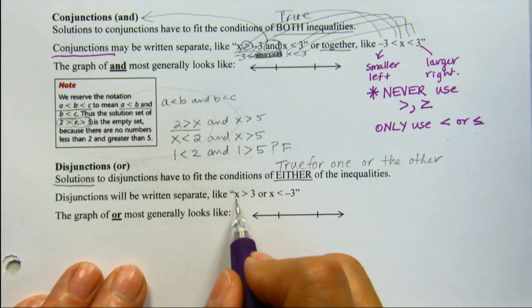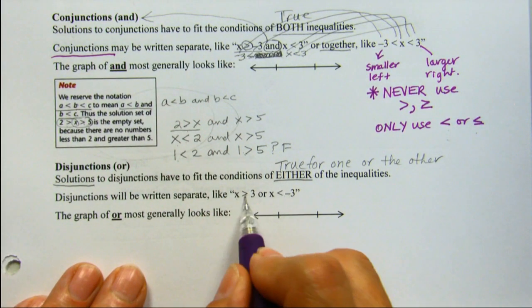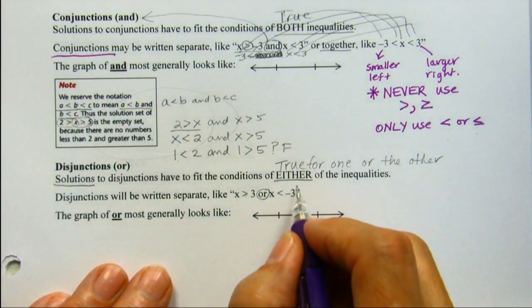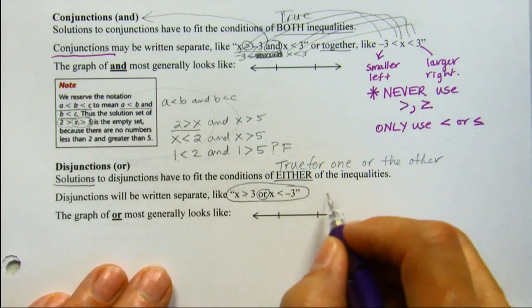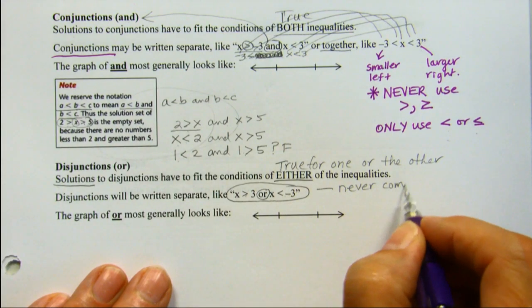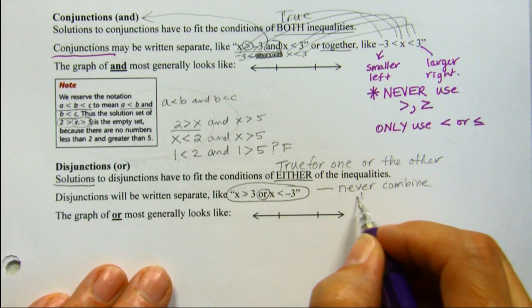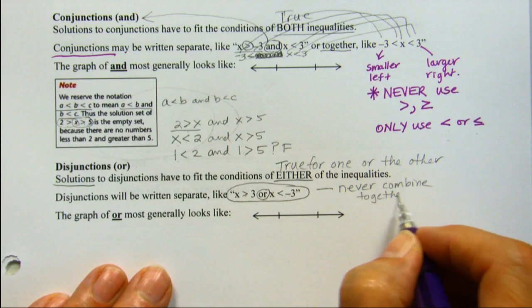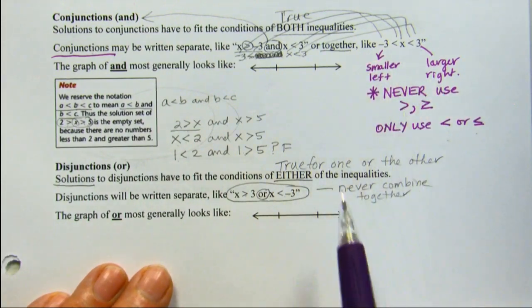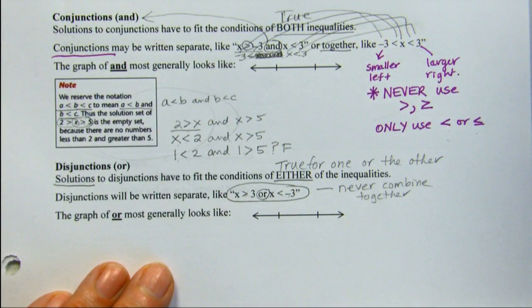So if I have two separate inequalities separated by the word or, on a disjunction, you never combine them together. We don't have to go through all this purple mess. They always stay written separately.